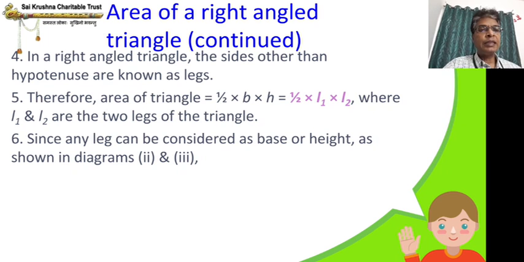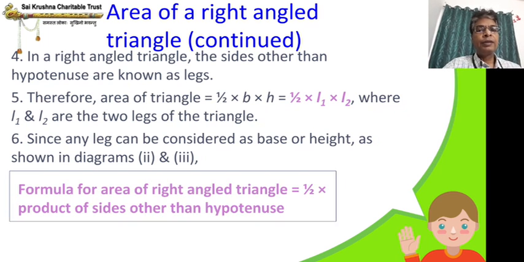Any one leg can be considered as base and the other one as height and vice versa. Formula for area of right angled triangle equals half into product of sides other than the hypotenuse. Product means multiplication, you know. So you multiply the 2 sides and halve it, that is, divide by 2, and we will get the area of the right angled triangle.